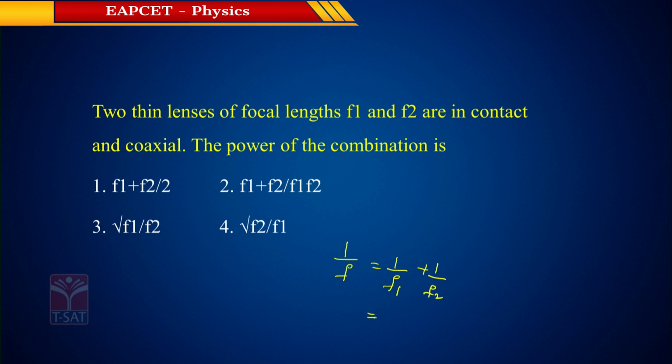Here cross multiplication, F2 plus F1 by F1 into F2, that is 1 by F. Here this 1 by F is equal to the power of the lens, that is P. Therefore P is equal to F1 plus F2 by F1 F2.